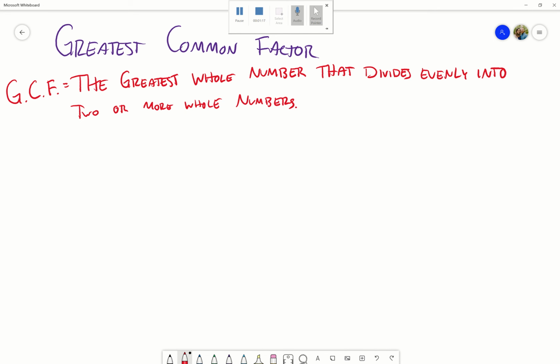All right, the greatest common factor is the greatest whole number that divides evenly into two or more whole numbers. All right, so one way that we can do greatest common factor.